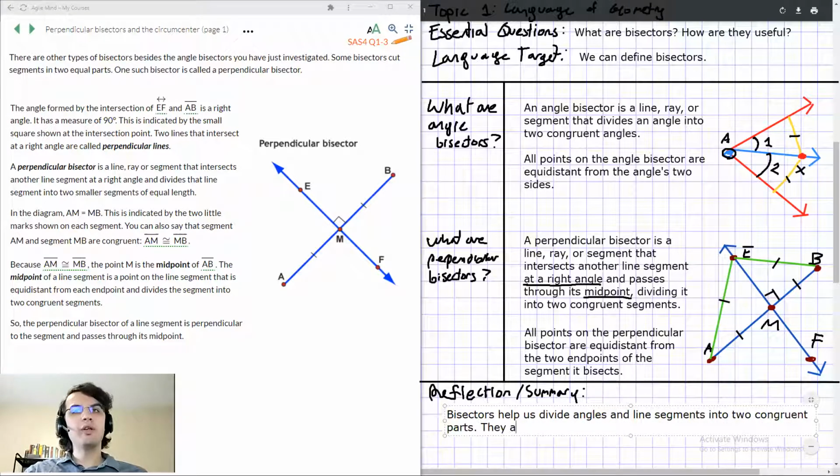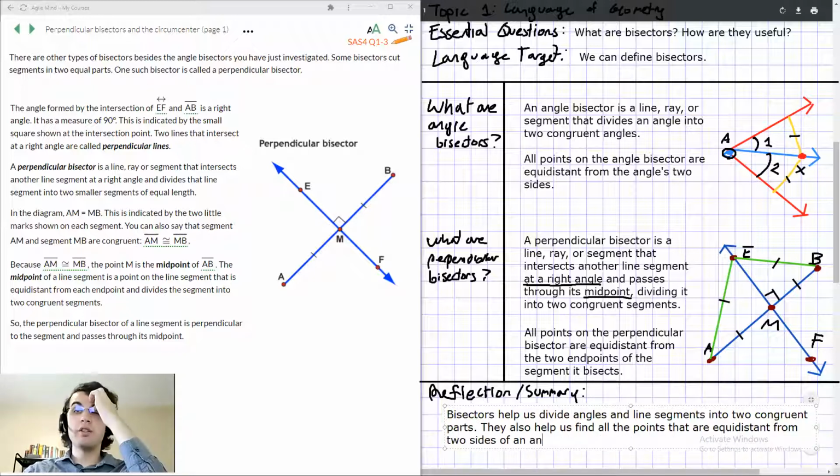They also help us find all the points that are equidistant from two sides of an angle or two endpoints of a segment. And I'm actually going to change that. I don't need all the detail there. I'm going to say equidistant from two sides or two points, right? Because I can make the angle or make the segment to care about that. But I don't need to remember that part for my reflection.